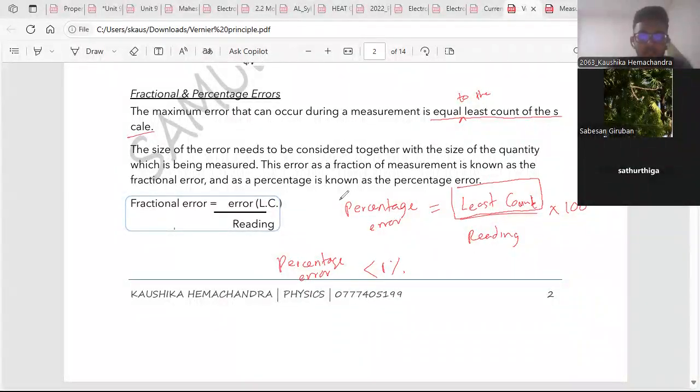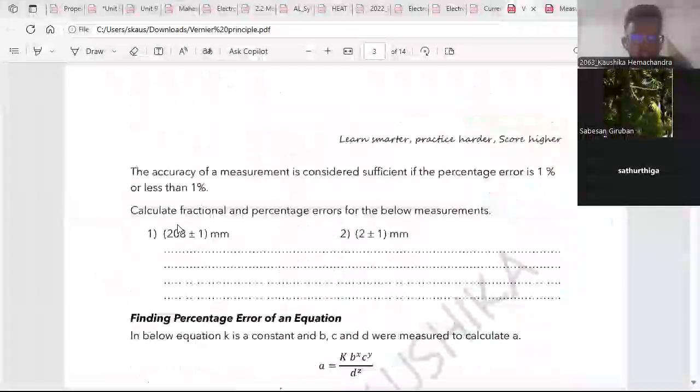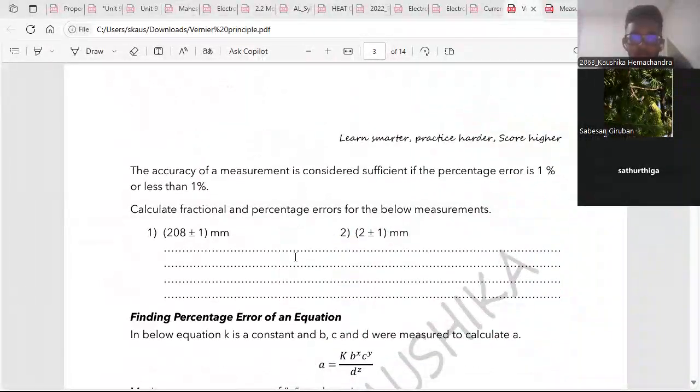So if you want to reduce this percentage error, you will have to increase the denominator, that is the reading. If you increase the size of the reading as much as possible for a given instrument, then you will have the lowest percentage error possible. So we have to always reduce fractional errors and percentage errors, just like random errors and systematic errors, as much as possible.